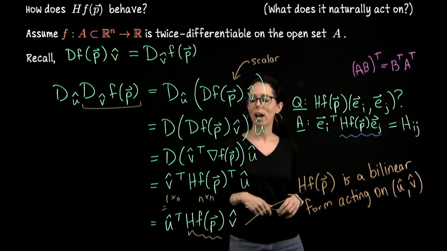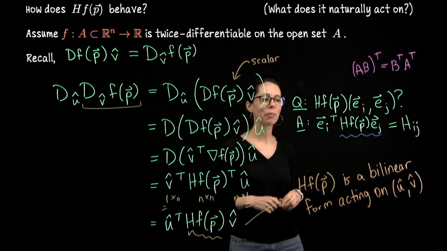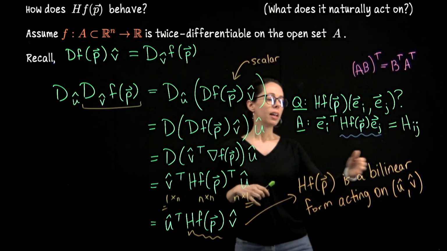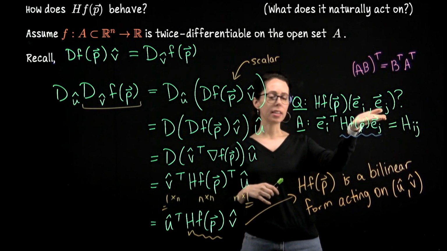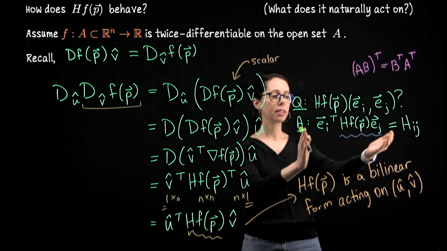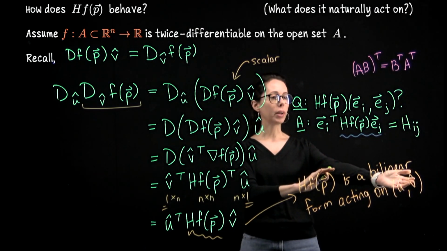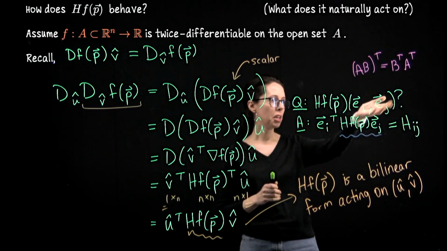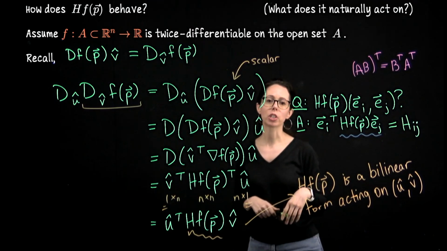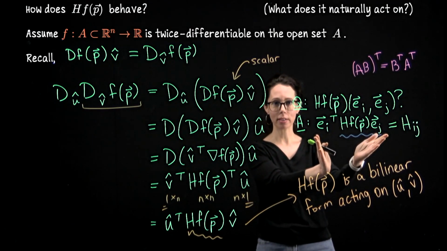Let me mention before I connect that to something we wrote down a minute ago that these are unit vectors, but this matrix triple product works for any pair of vectors. So if I wanted to say, how does the Hessian act on two random vectors from Rn which are not unit length, you can write down this product.